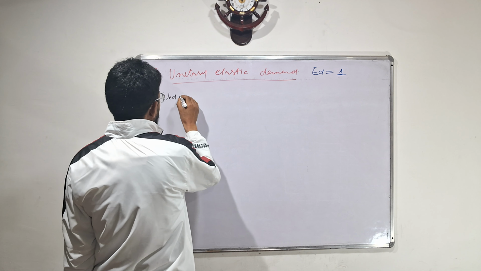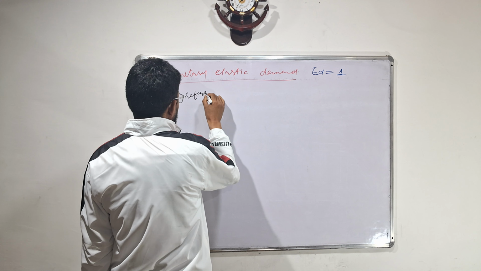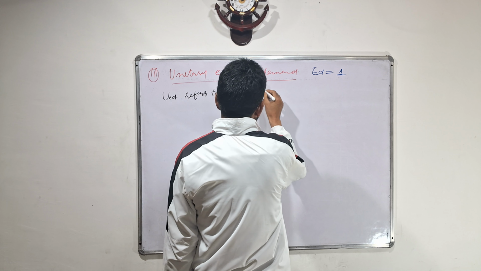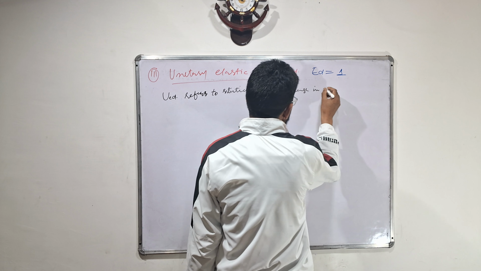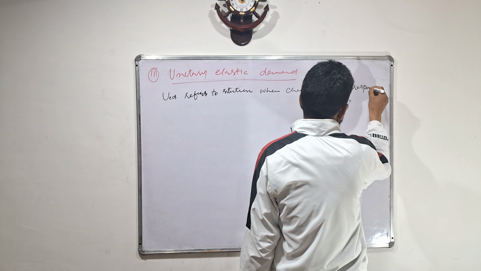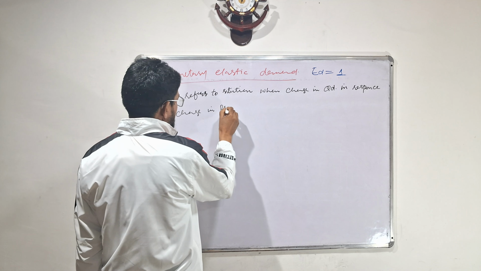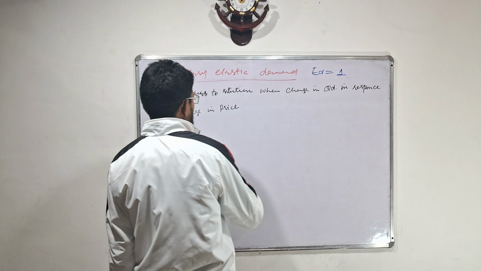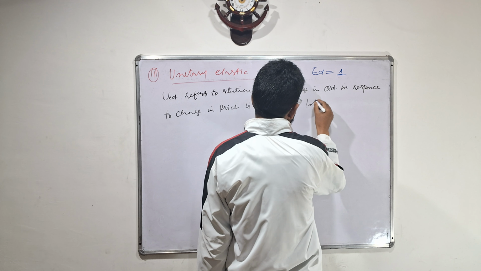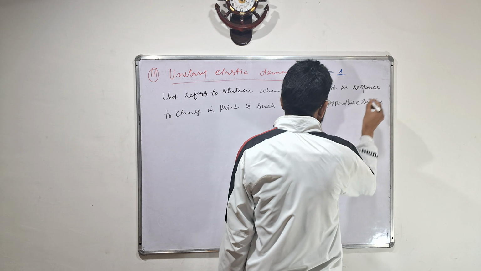Unitary elasticity of demand refers to a situation when change in price and the change in quantity demanded in response to change in price is such that total expenditure remains constant.